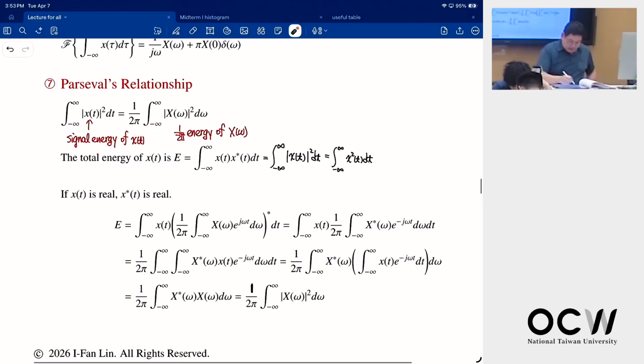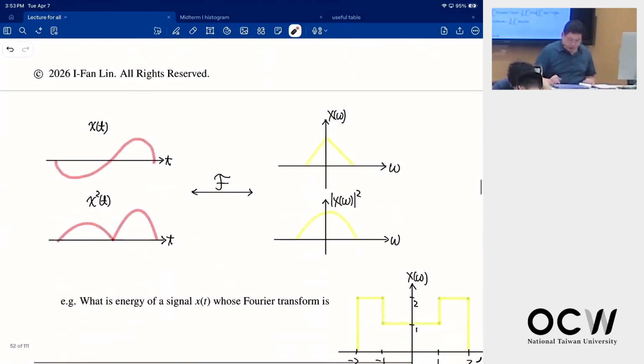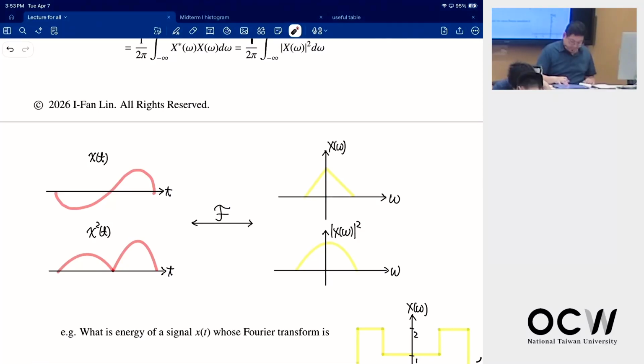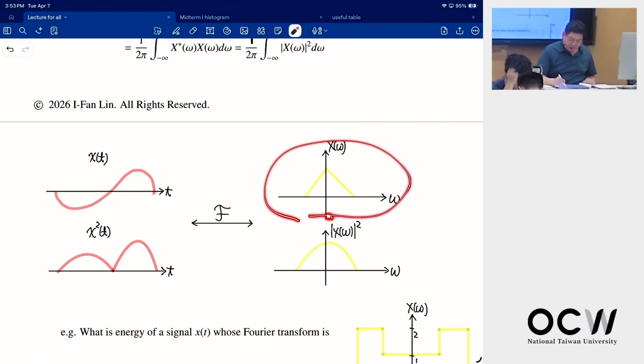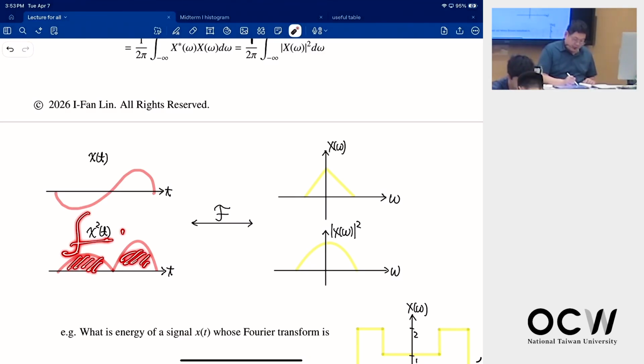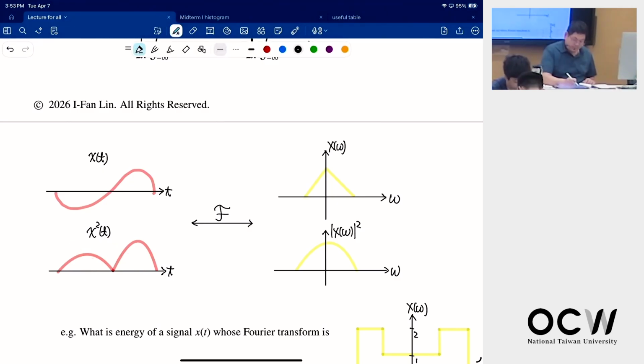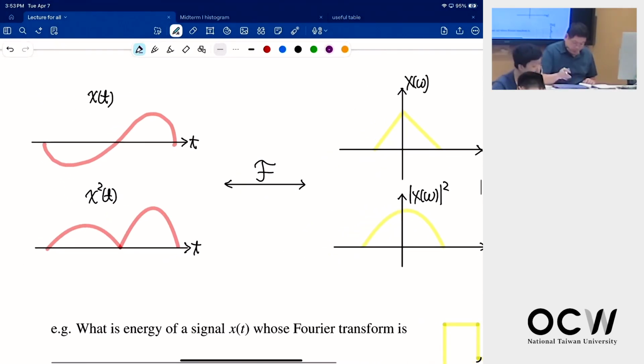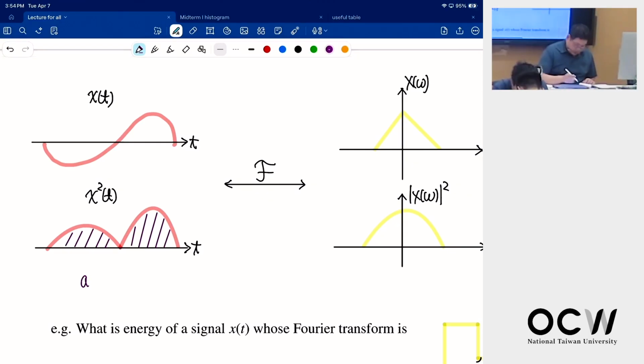The difference is that here we have 1 over 2 pi. Suppose the Fourier transform looks like a triangle. Now if I square it, that's the energy. If I take the integration, what does that mean? This energy is the area under the curve. So here is area 1.